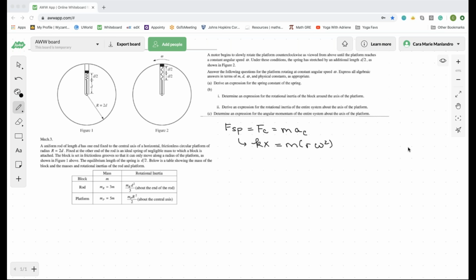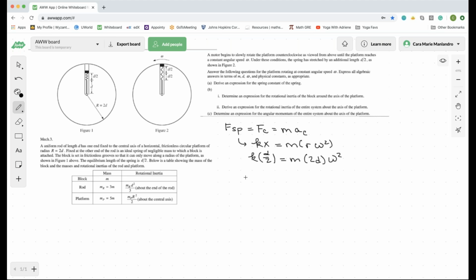And then from there, what we're going to do is make substitutions for x and r, which I think is pretty self-explanatory. So here x, we're told, is d over 2. And then m, and then r looks like it's 2d, and then omega squared.